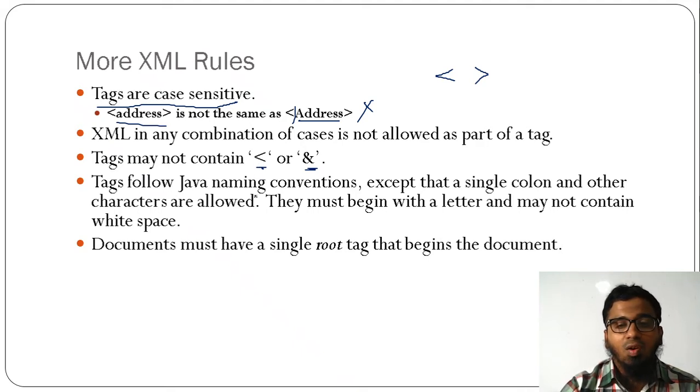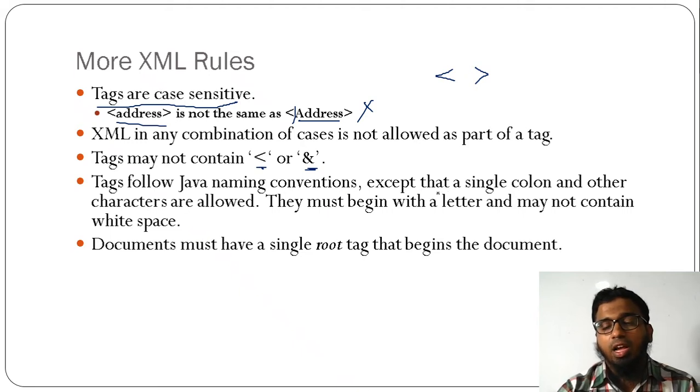Tags follow Java naming convention except that a single colon and other characters are allowed. They must begin with a letter and may not contain spaces. Whenever you are creating any tag, there should not be space in it.